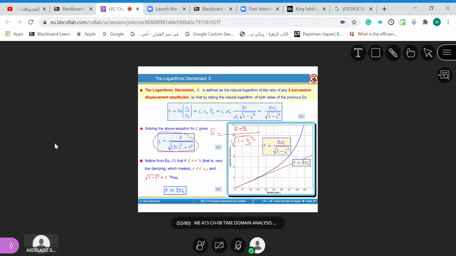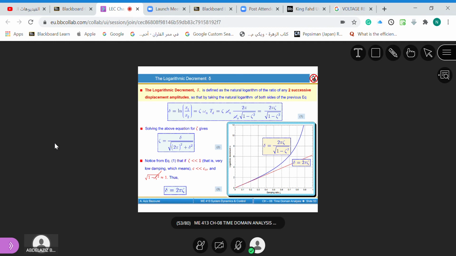Sometimes, when the damping is very small, the amount 1 minus zeta squared can be equal to 1. For very small damping, zeta squared will be about 0, and 1 minus zeta squared can be assumed to be 1.